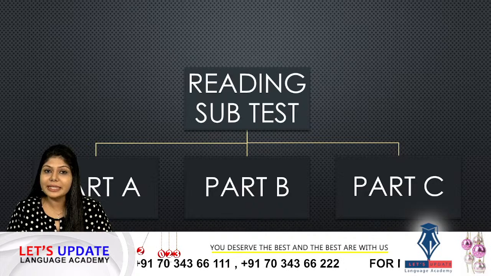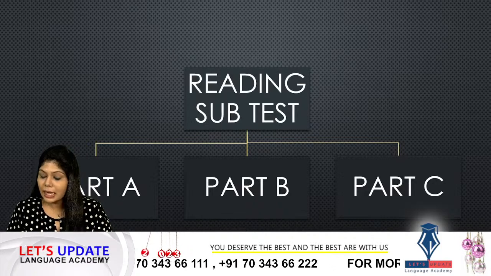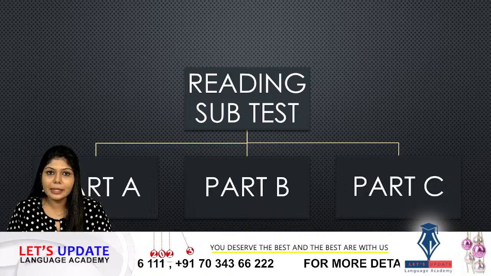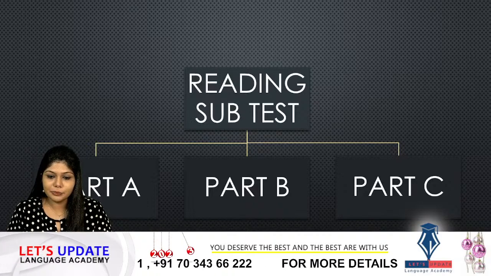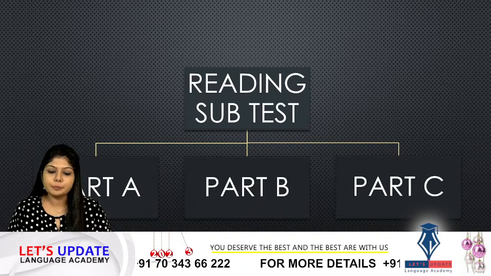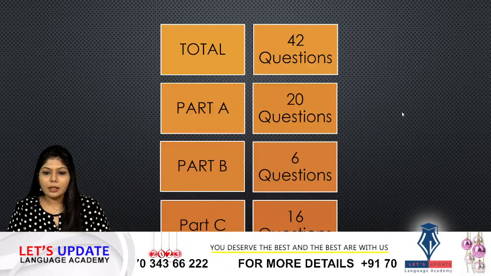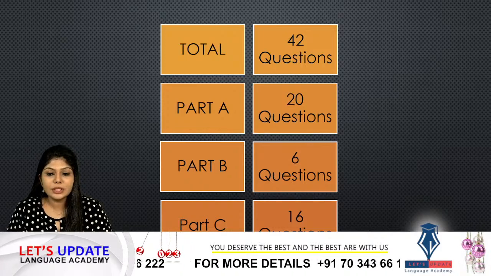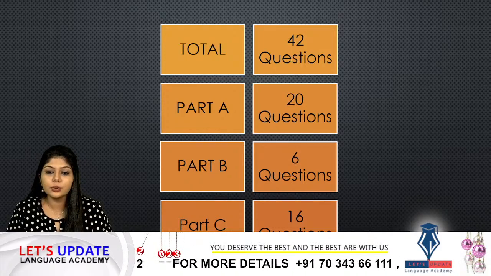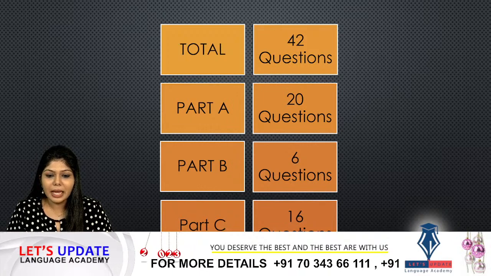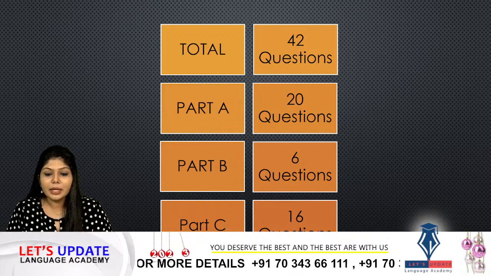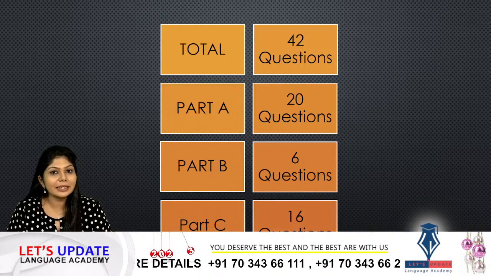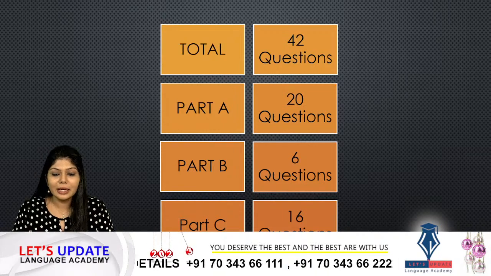The reading subtest is divided into three sections, which is part A, B and C. The whole section of the reading material consists of a total of 42 questions, with part A containing 20 questions, part B containing 6 questions, and part C containing 16 questions.